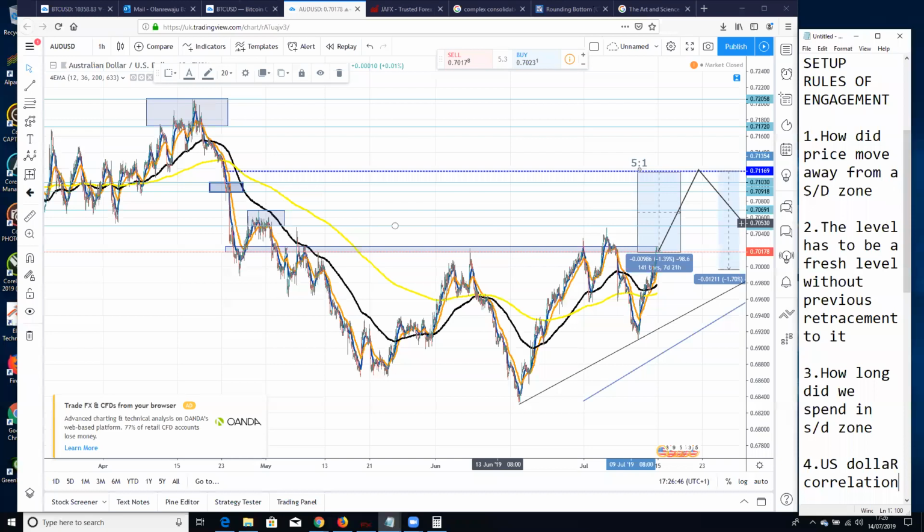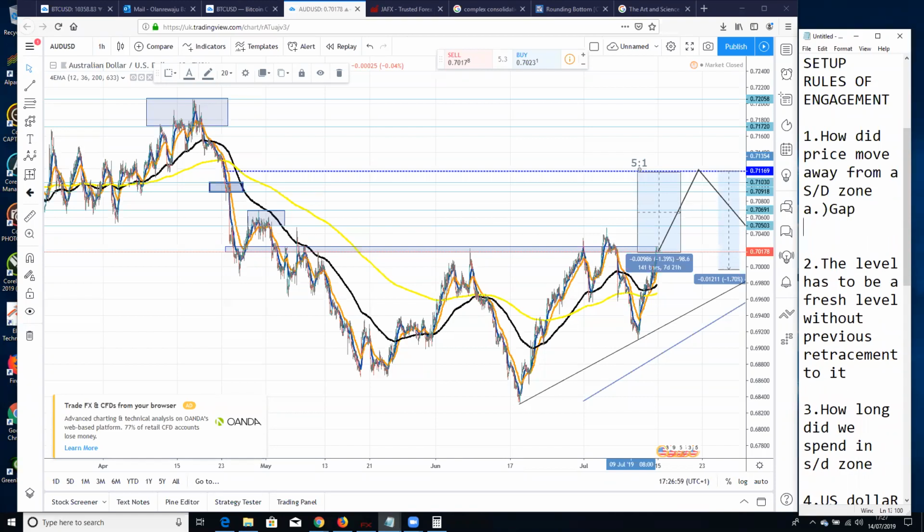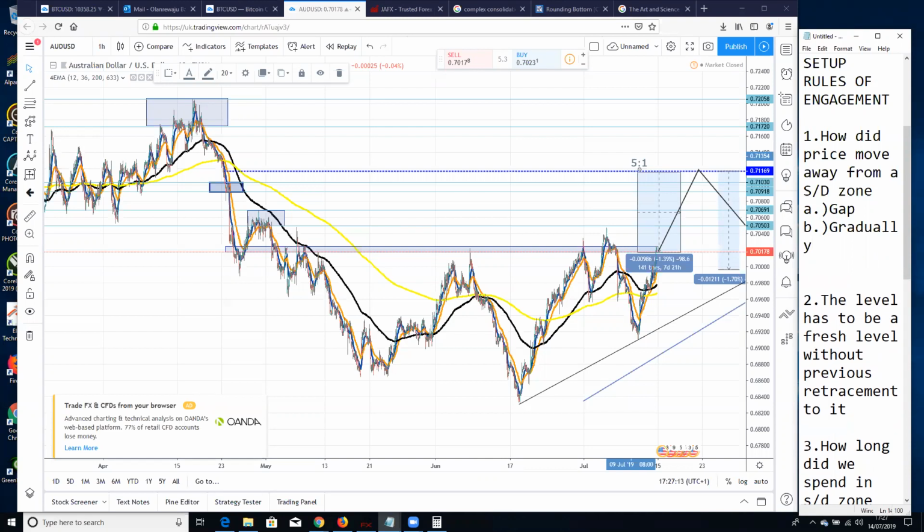Price can move away with either a gap, that's a good one. Price can move away gradually. Price can struggle to move away from that zone.